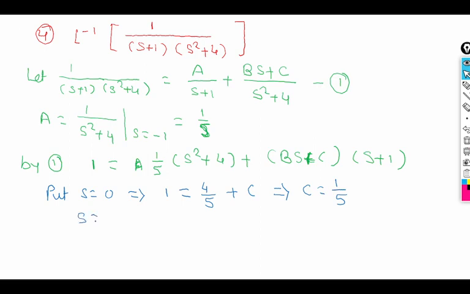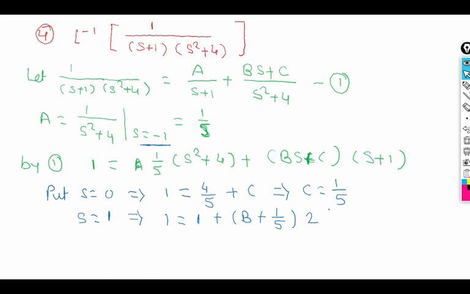Similarly, minus 1 is already used, so we are going to replace s by plus 1. Don't substitute repeated same values, you can't get the new constant then. So when we put s as 1, 1 is equal to 1 plus 4 is 5, 5 by 5 is 1, plus (B plus 1 by 5), that is the value of C, into 2.